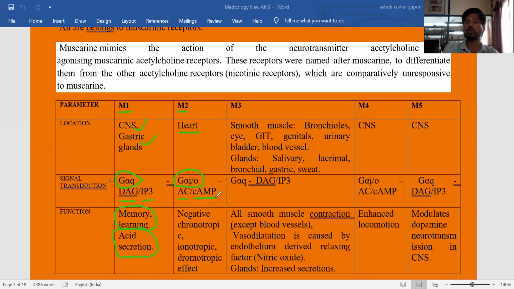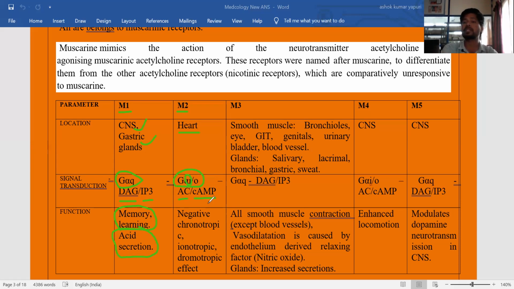When M2 receptors on the myocardium are stimulated with acetylcholine, G alpha I is activated, so there is decreased adenyl cyclase and decreased cyclic AMP, and when cyclic AMP concentration is reduced in cardiac muscle, there is no muscle contraction.